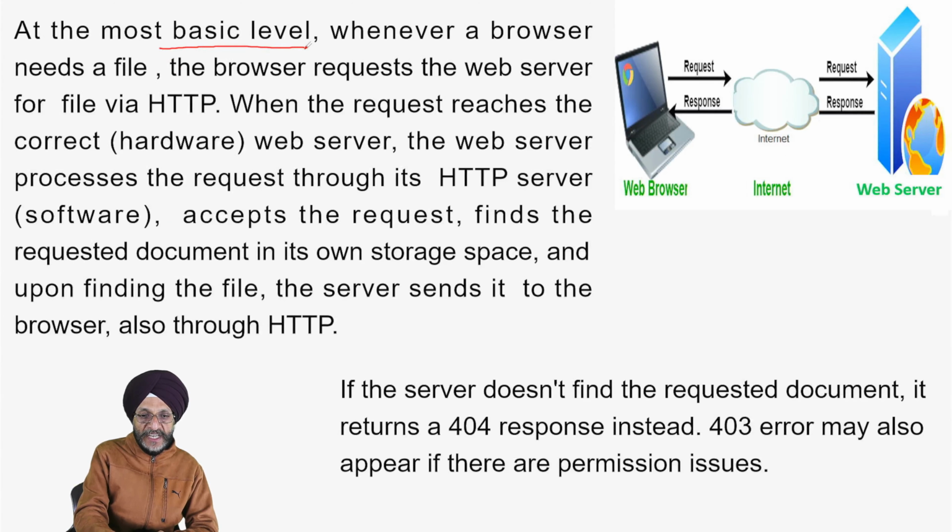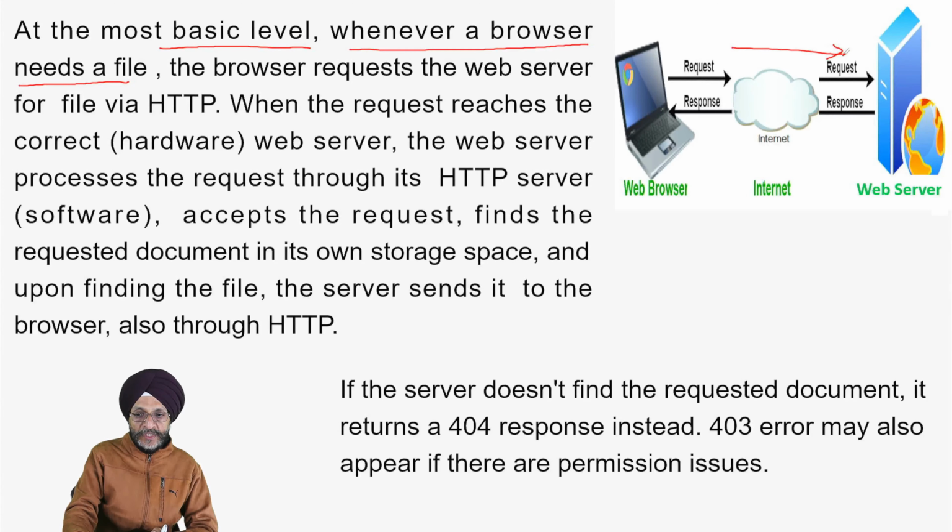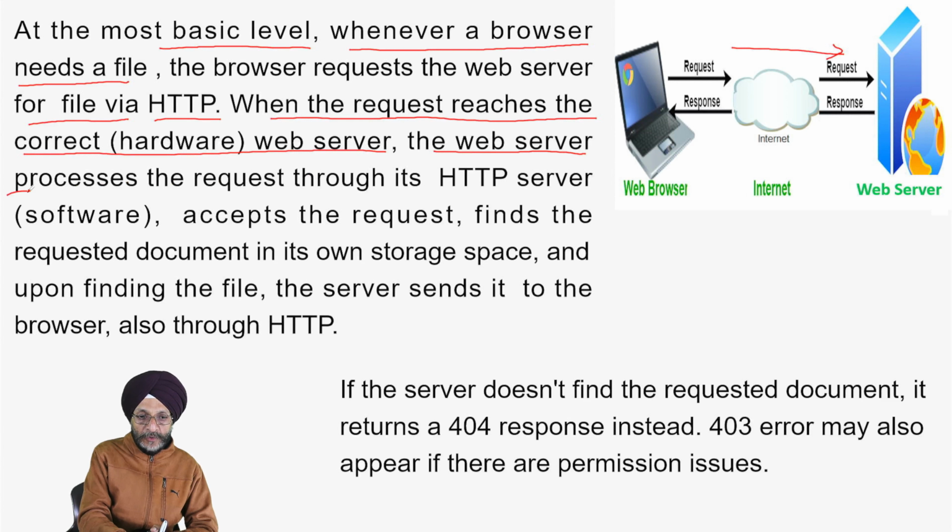At the most basic level, whenever a browser needs a file, the browser sends the request to the web server for file via HTTP. When the request reaches the correct hardware web server, the web server processes the request through its HTTP server.